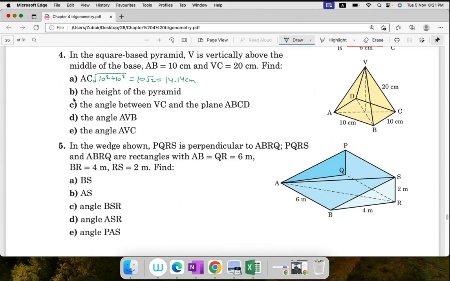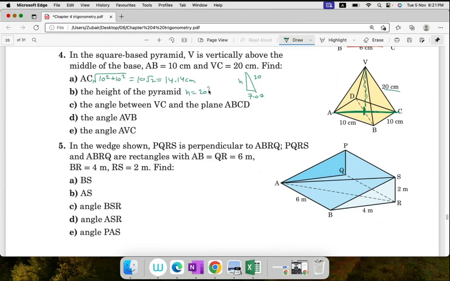centimeters. Part B says the height of the pyramid. I know that's 20. I know the full length AC, we can use the half, and then the height would be unknown. So if we just use this triangle, which is 20 and half of 14.14, that is 7.07. We can apply Pythagoras theorem to find this height.